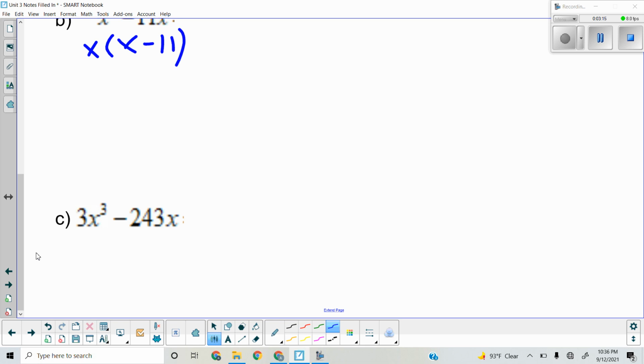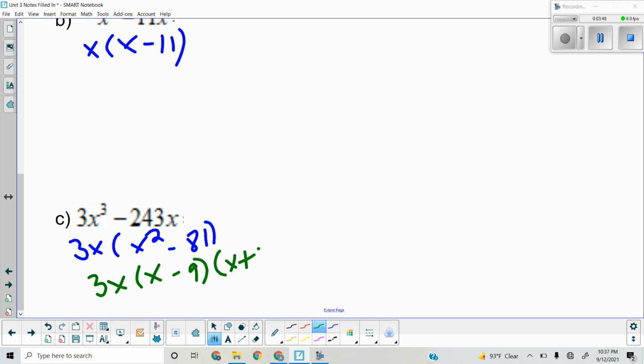And then C, we can take out a 3x, and we're left with x squared minus 81. And then we can factor further by using our difference of squares. So x minus 9, then x plus 9.